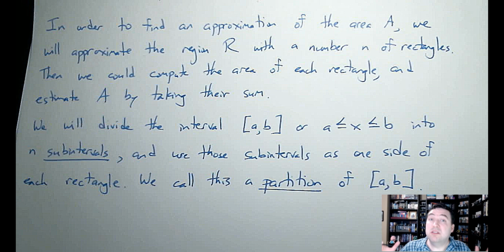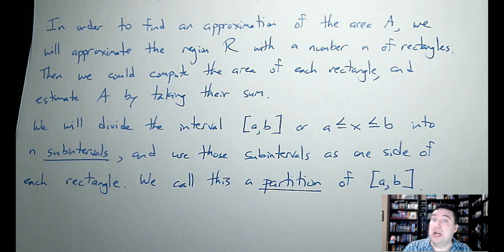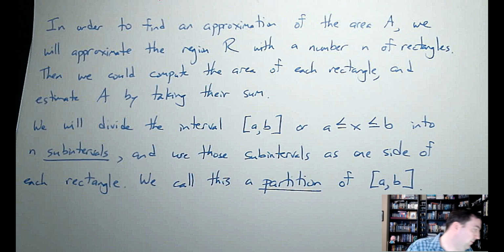So unless something screams out to us that we should use all kinds of different widths for each of those subintervals, why don't we pick them all to be the exact same width?